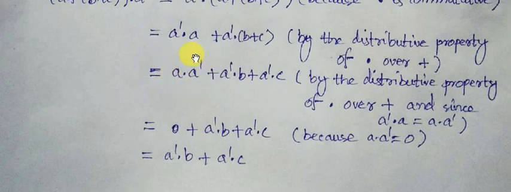So in place of a into a complement, here we have written 0, and the remaining two remain the same, a complement into b plus a complement into c. And also 0 being the additive identity element, this is equal to a complement into b plus a complement into c.